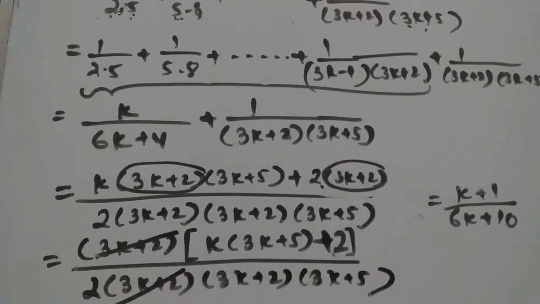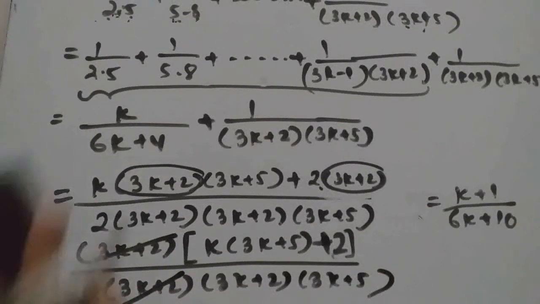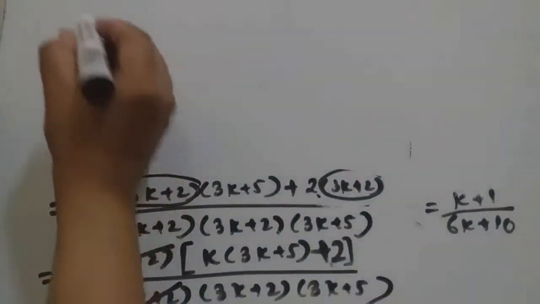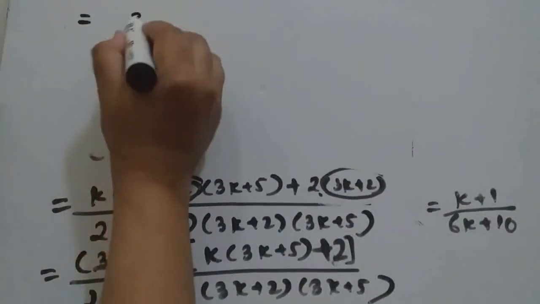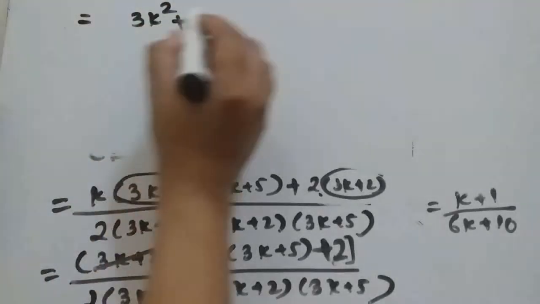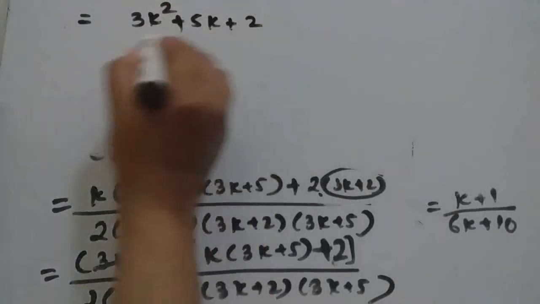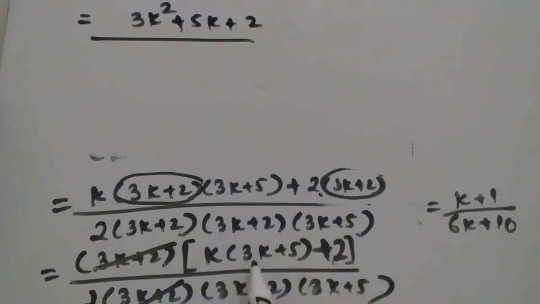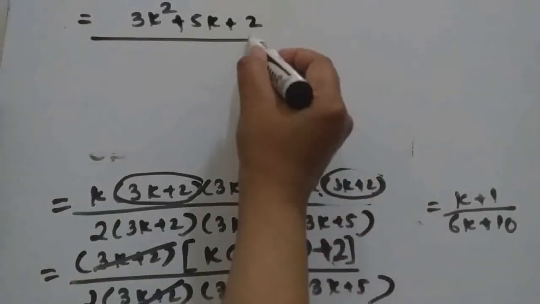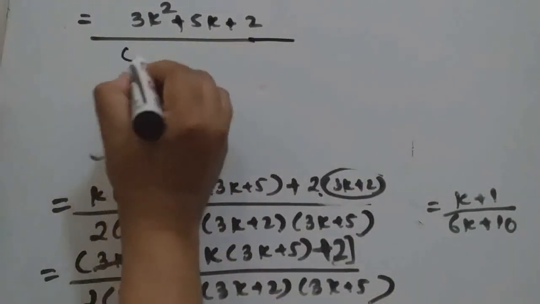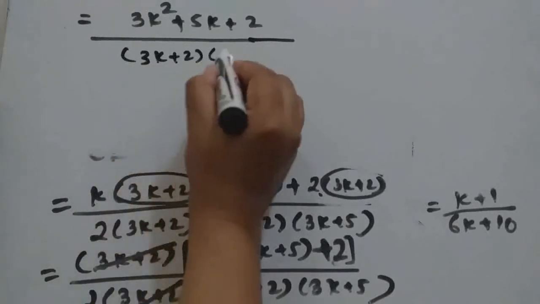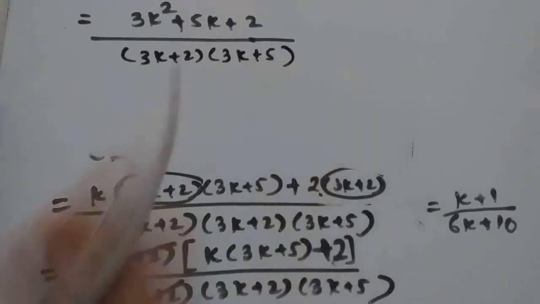One bracket will go. So we will be left with 3k square plus 5k plus 2. I open this bracket, and here 3k plus 2, 3k plus 5.